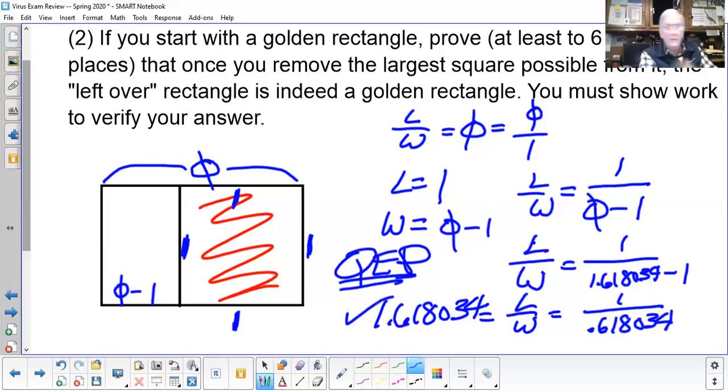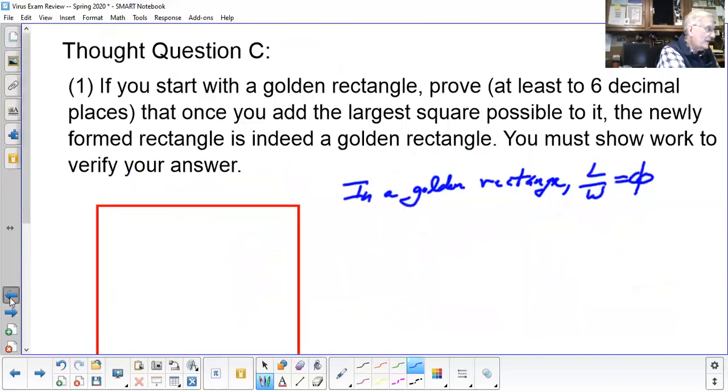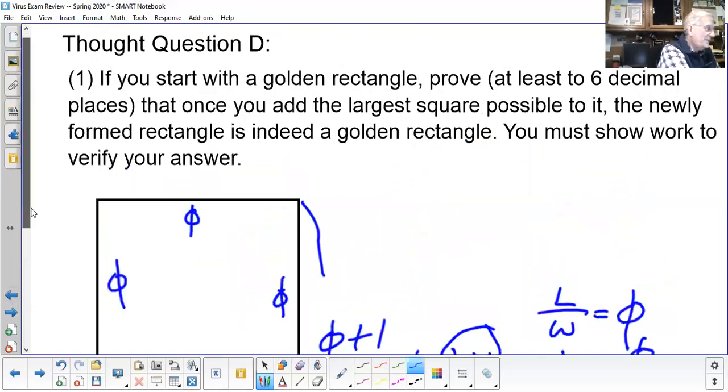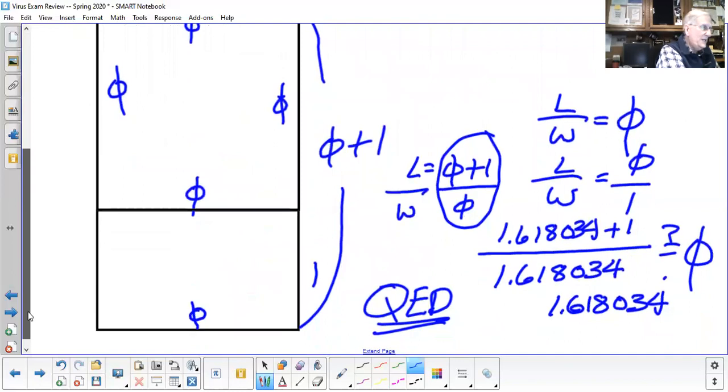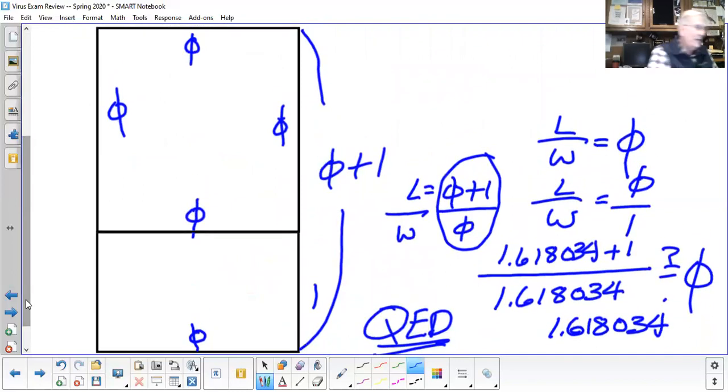And that I do indeed have a golden rectangle left over when I take off the biggest square. The same thing was true back here. When I did the same thing here, QED, I showed that if I add the largest square, I also get phi for length divided by width on that figure.